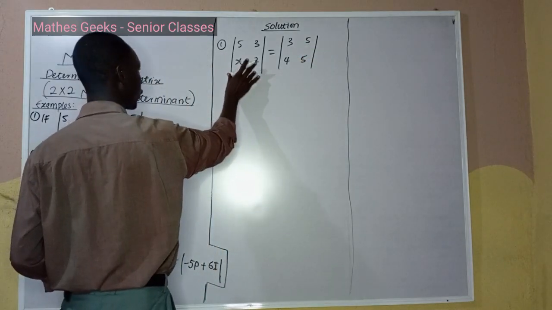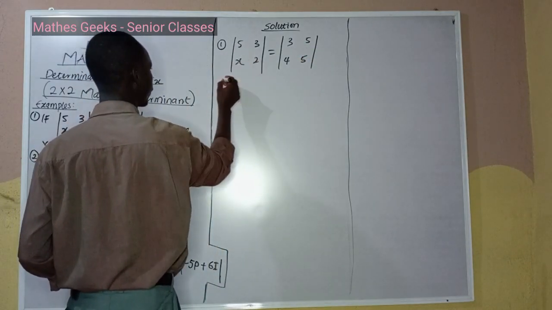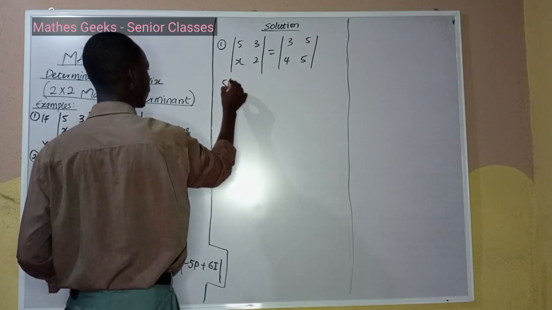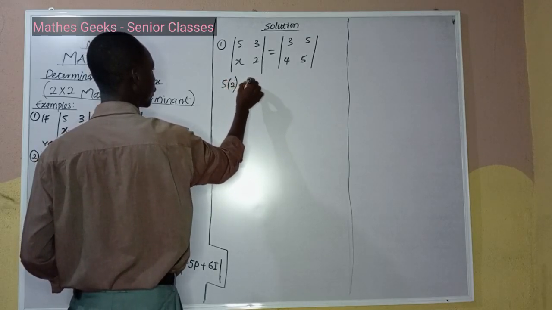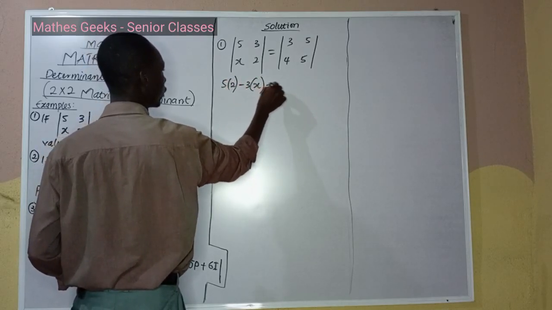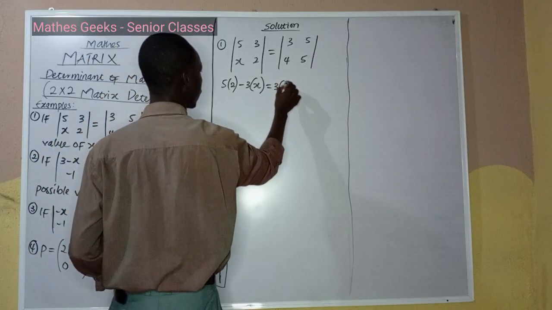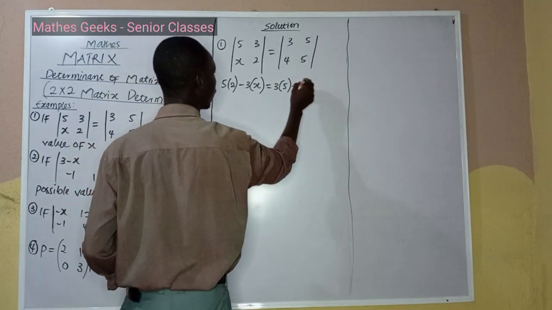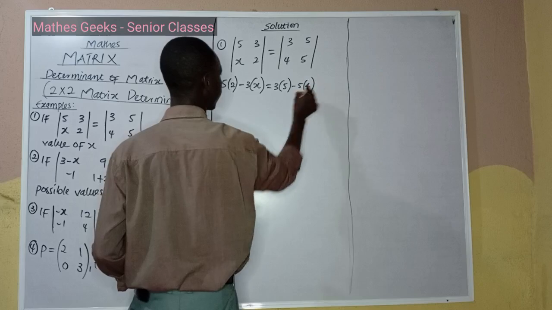The determinant of this matrix is 5 times 2, minus 3 times x, equal to 3 times 5 minus 5 times 4.